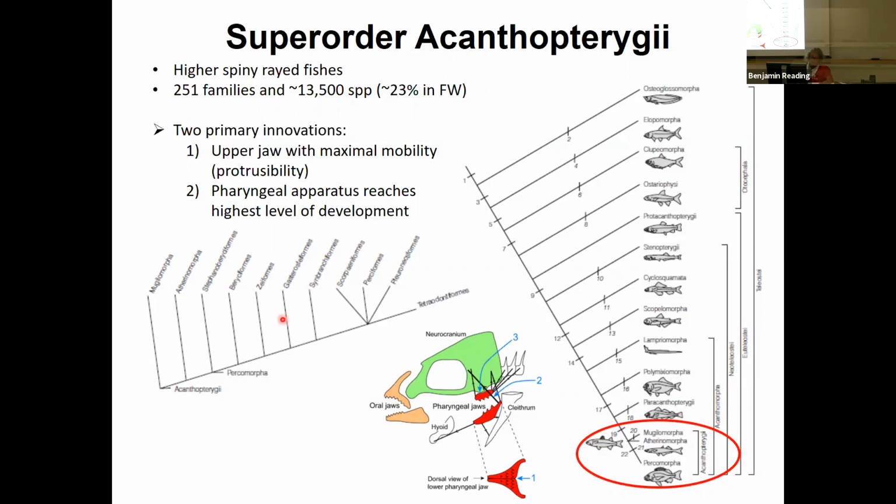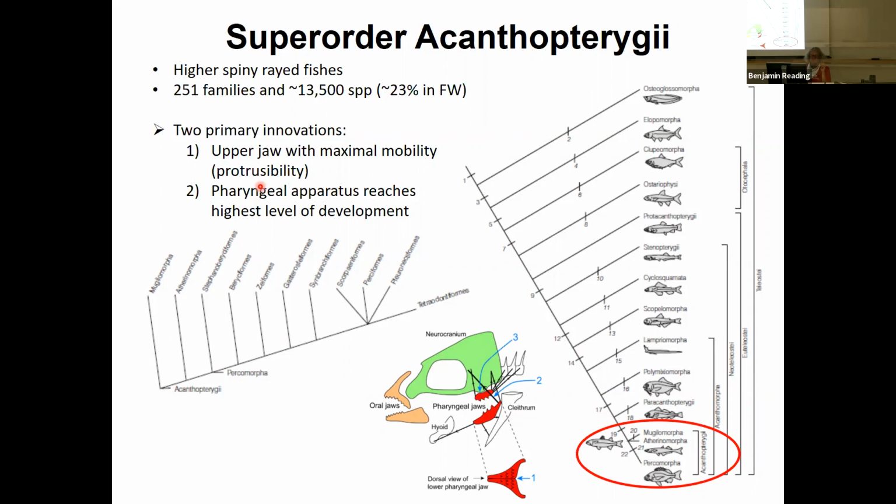Two primary innovations, and again, keeping with the theme in the course: if you want to make a fish, if you want to drive evolution and diversity, what do you do? Well, we can modify our form so we're fast and less heavily armored, but also really this jaw invention.